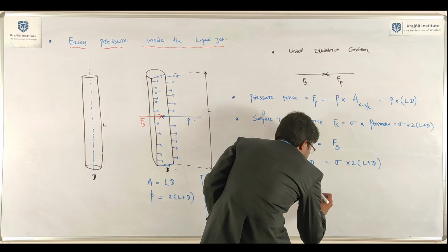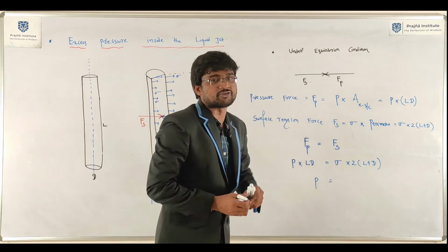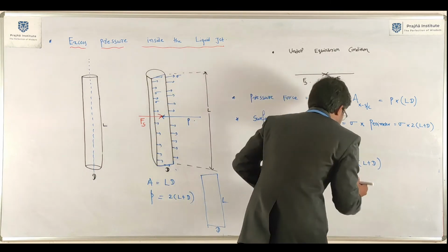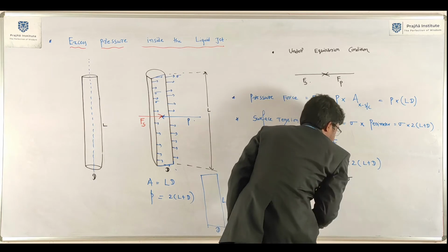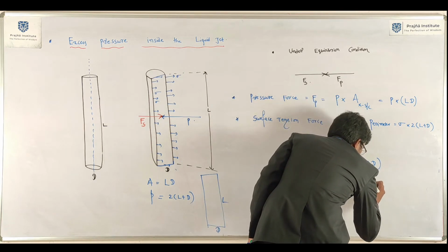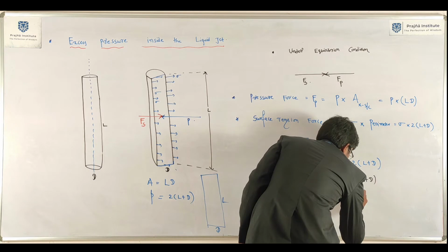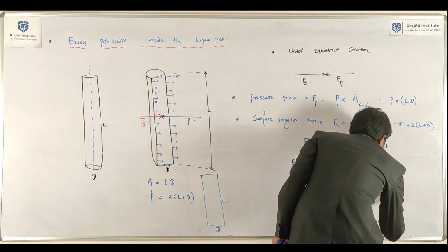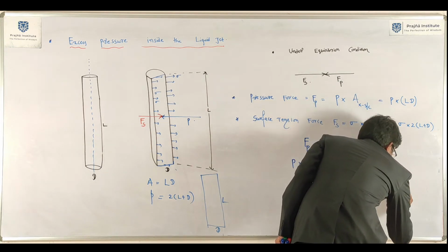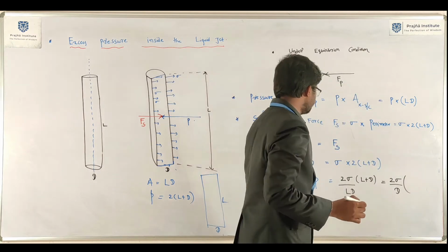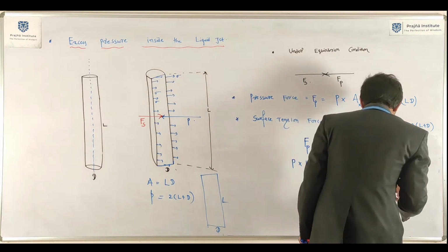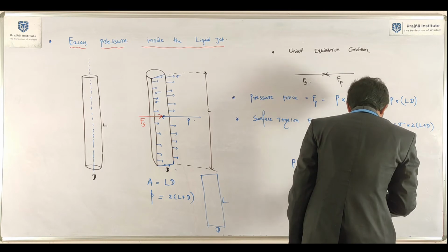Now the excess pressure inside the liquid jet equals 2 sigma (L plus D) by LD. Now here, 2 sigma by D, take LD inside. What will you get, tell me?